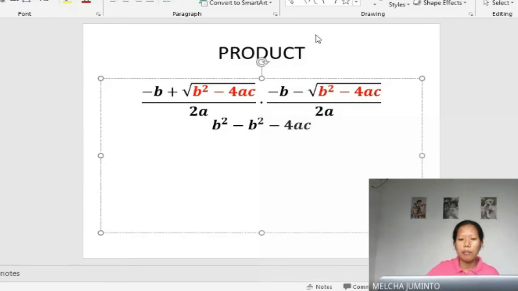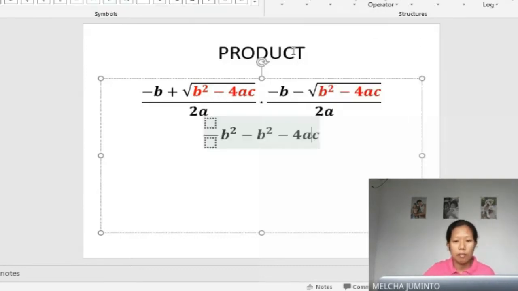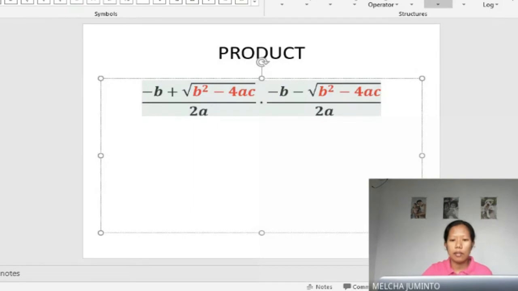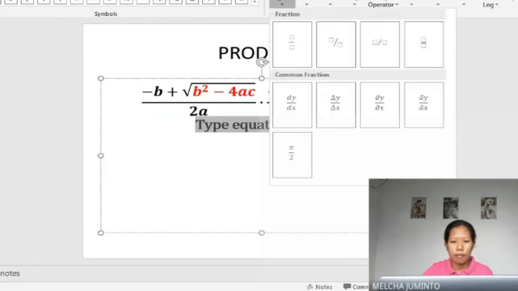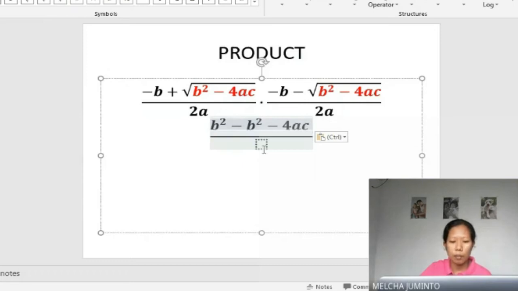And then multiply also the denominators. The numerator will be negative b minus b squared minus 4ac.